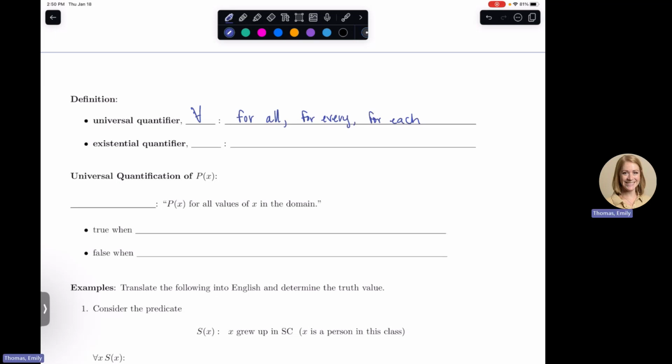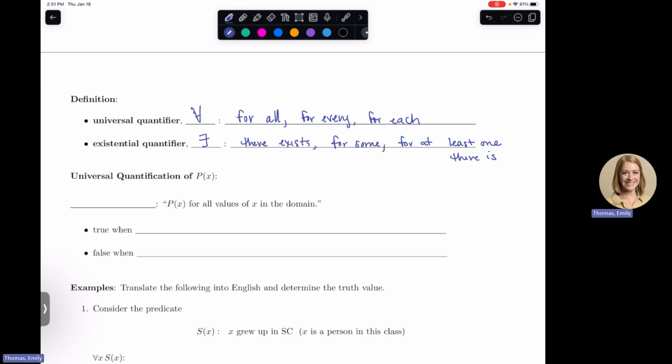The existential quantifier is a backwards E. This is a there exists, for some, or for at least one, or there is, that's a good one too.